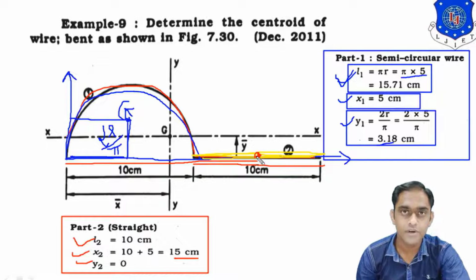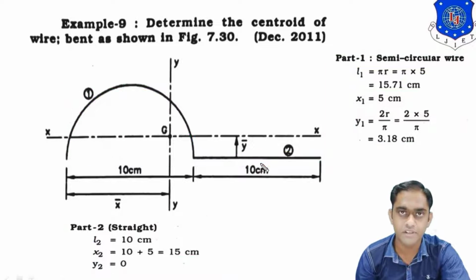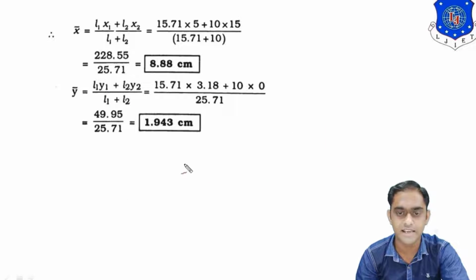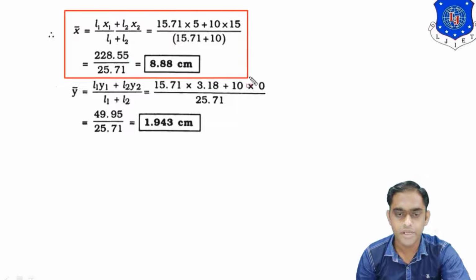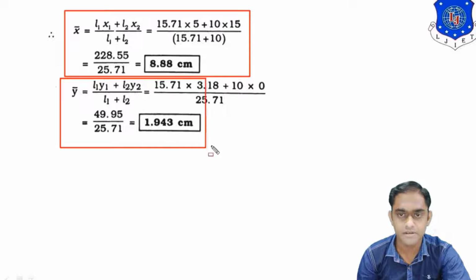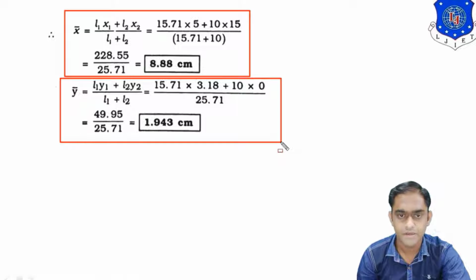Now what we have to find? We have to find the combined CG, x bar and y bar. For that, by replacing these values in x bar and y bar formulas, we will get combined CG. Let us see how. So these are the formulas for combination of the CG x bar and y bar. So by replacing all the values, you will simply get x bar and y bar.